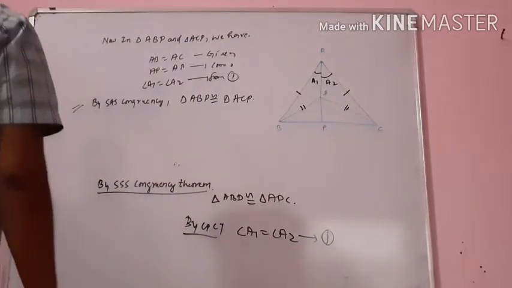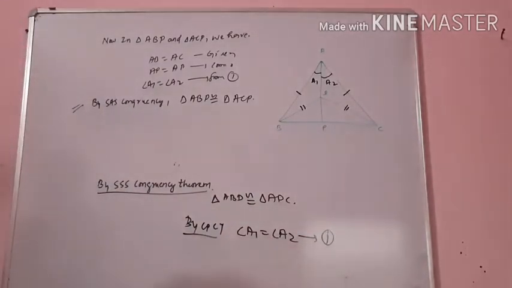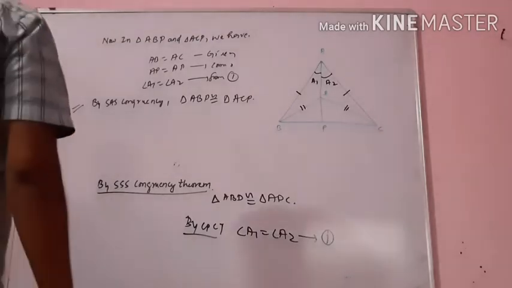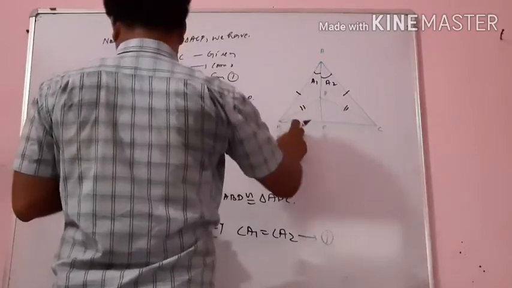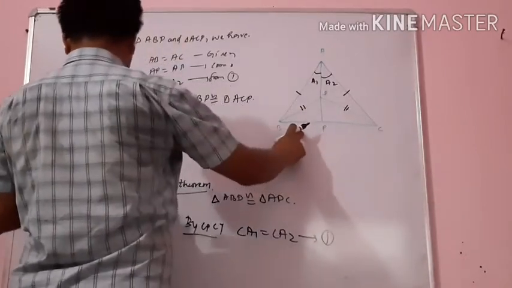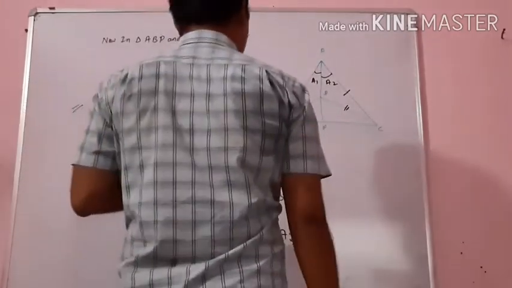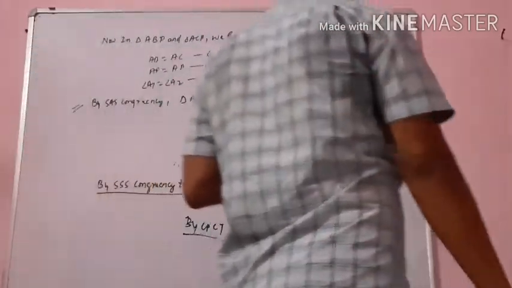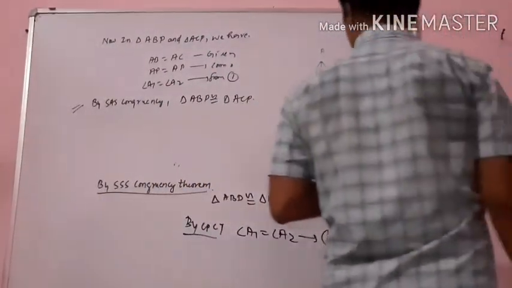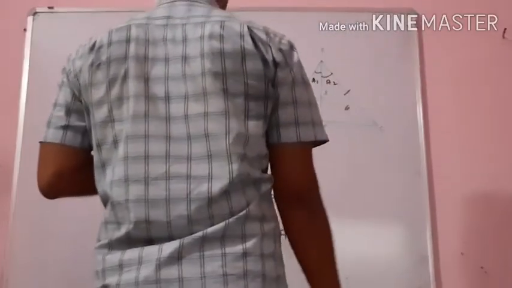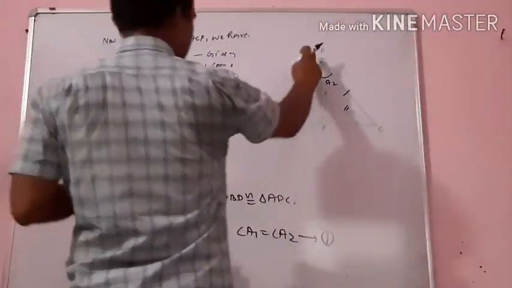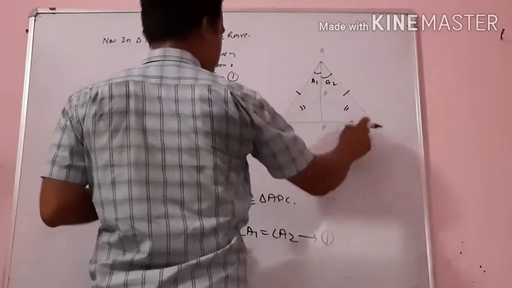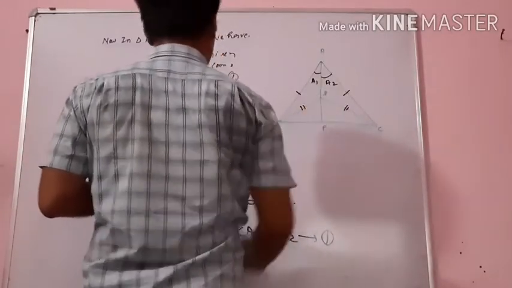Now the second thing, triangle ABD congruent to triangle ADC. Now we have proved that triangle ABP is congruent to triangle ACP.